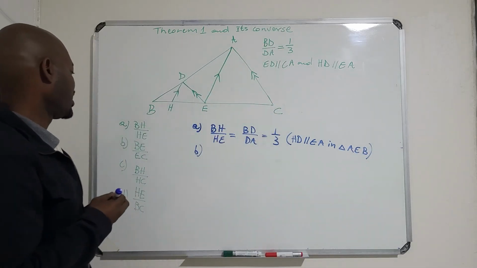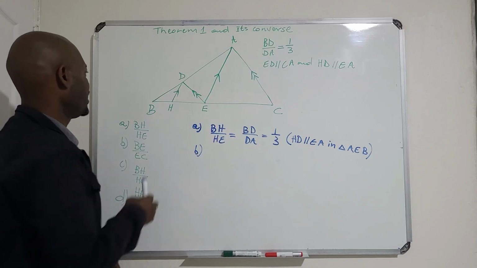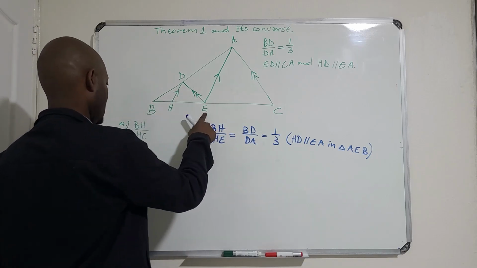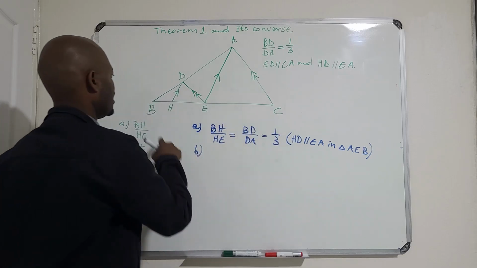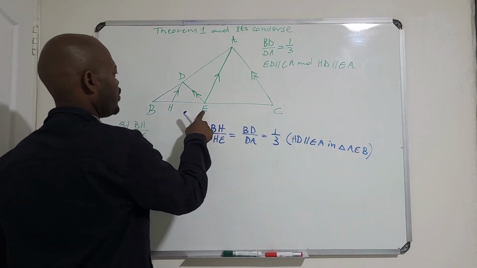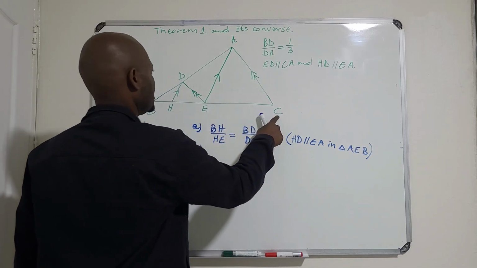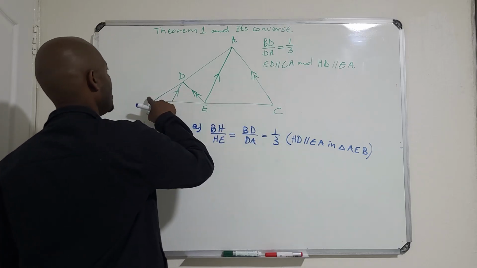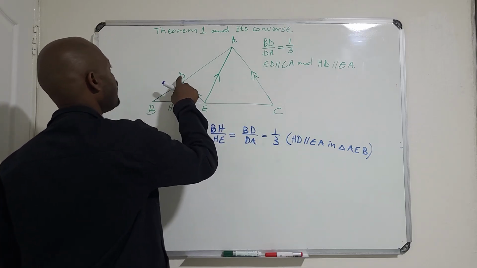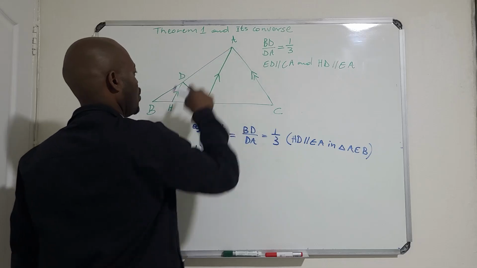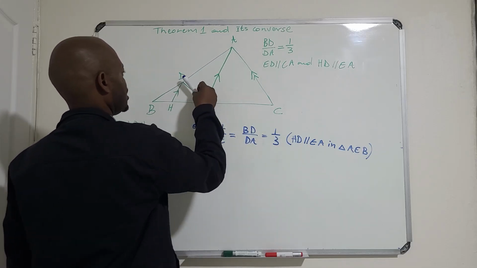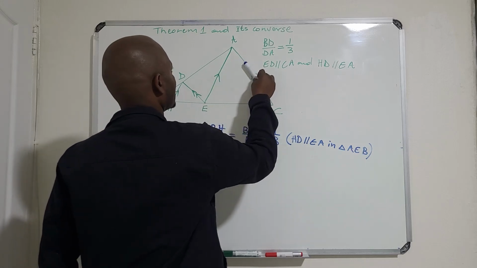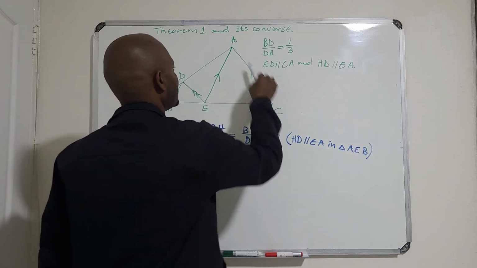Now they want us to find BE over EC. BE over EC is also equal to BD over DA. Why? Because this side is drawn parallel to this side in triangle ABC.